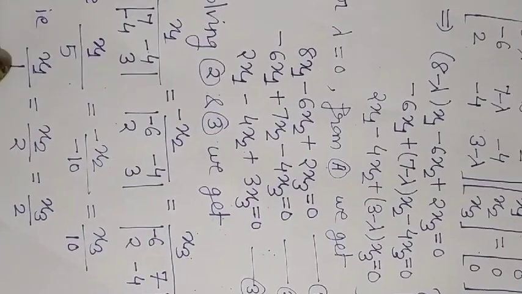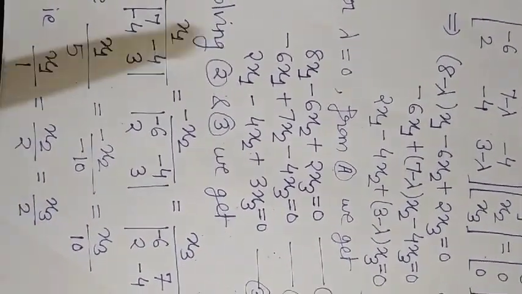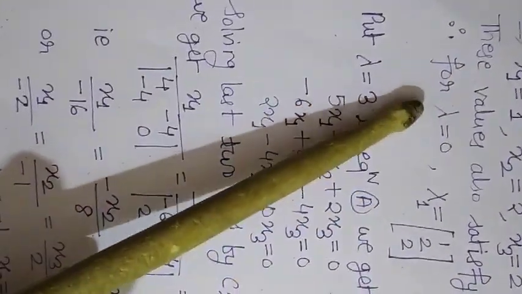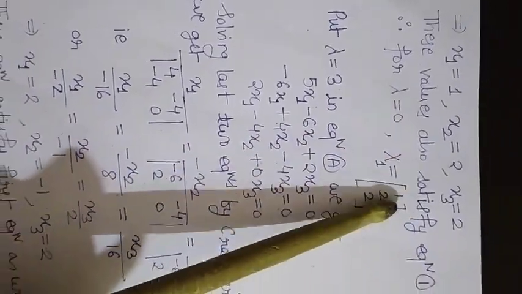So we have x1 by 1 equal to x2 by 2 is equal to x3 by 2. So we get x1 is equal to 1, x2 is equal to 2, and x3 is equal to 2. Therefore, for lambda equal to 0, we have eigenvector as 1 2 2.